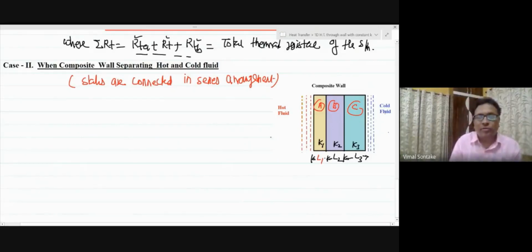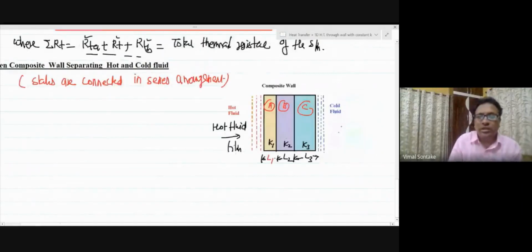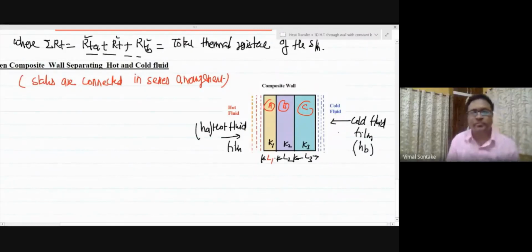This is the hot fluid film. The entire hot fluid will be represented by the hot fluid film. Similarly, the cold fluid will be represented by the cold fluid film. Its convective heat transfer coefficient is HA, and the convective heat transfer coefficient of the cold fluid film is HB.